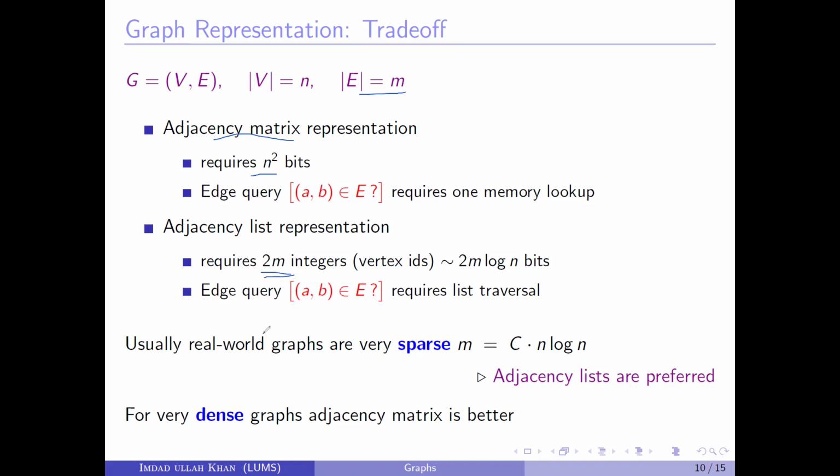Some of the queries might be addressed more efficiently in adjacency list. One small trade-off is that the adjacency list is a little more tricky to implement in terms of computer programming.